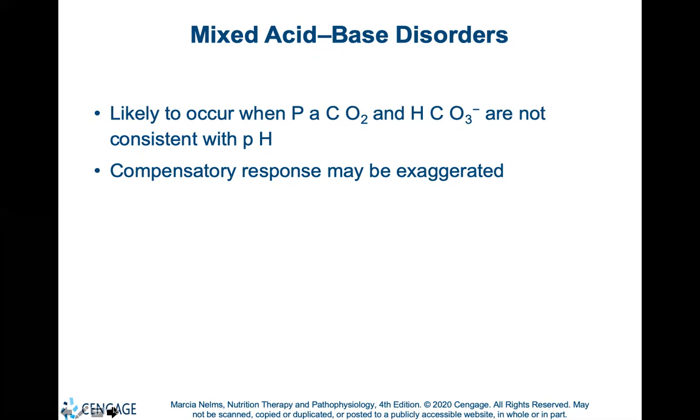When examining arterial blood gases, a mixed disorder should be suspected when partial pressure of carbon dioxide and bicarbonate are not consistent with the measured pH. A mixed disorder may also be present when secondary response is exaggerated. For example, metabolic alkalosis and respiratory acidosis may occur when a patient with chronic obstructive pulmonary disease, COPD, receives diuretics.